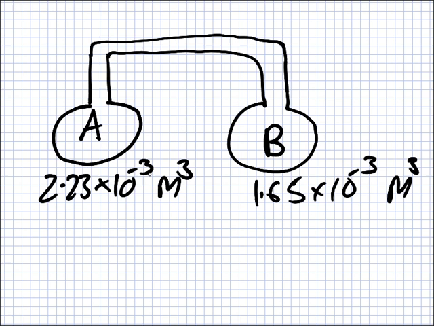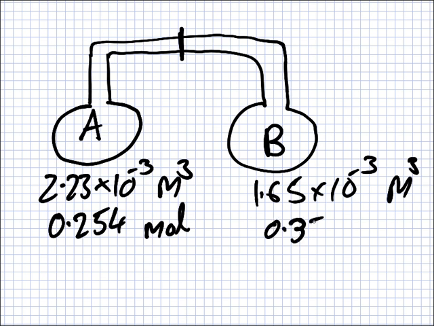A tap in the tubing is initially closed. Flask A contains 0.254 moles of an ideal gas, and flask B contains 0.352 moles of the same gas.